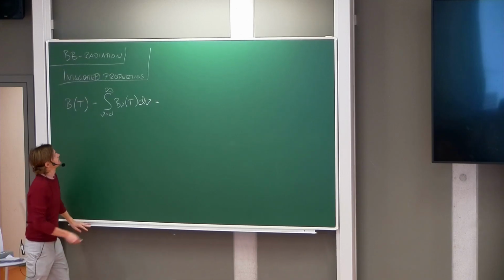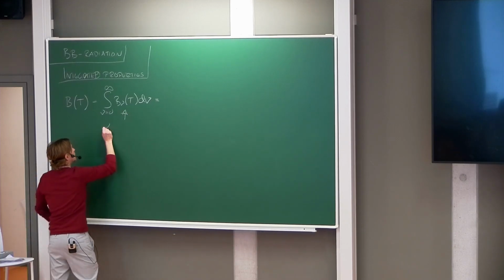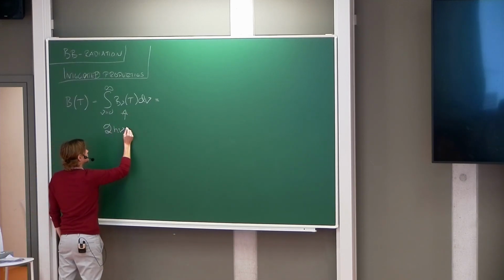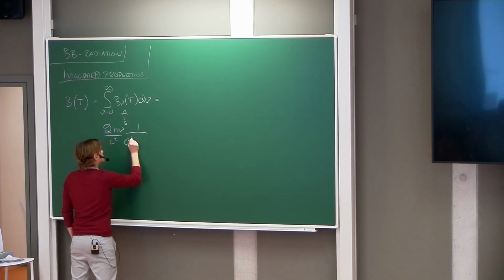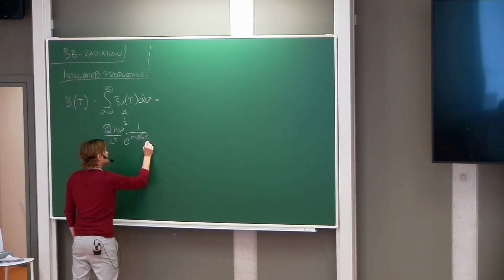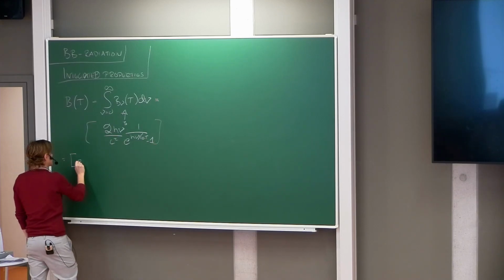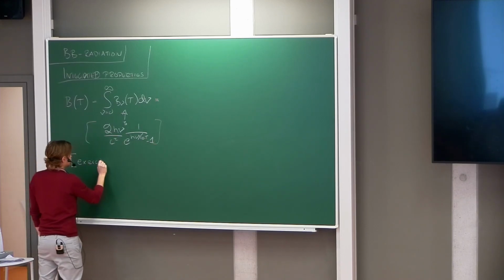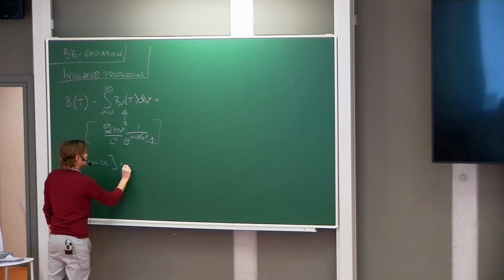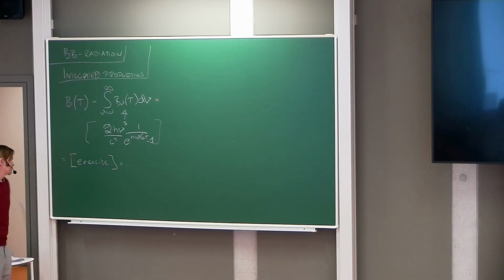So, B_nu of T, we know it had this dependence, right? This is left for you to do as an exercise. It's an algebraic exercise, not bad to do. It is in the course book.